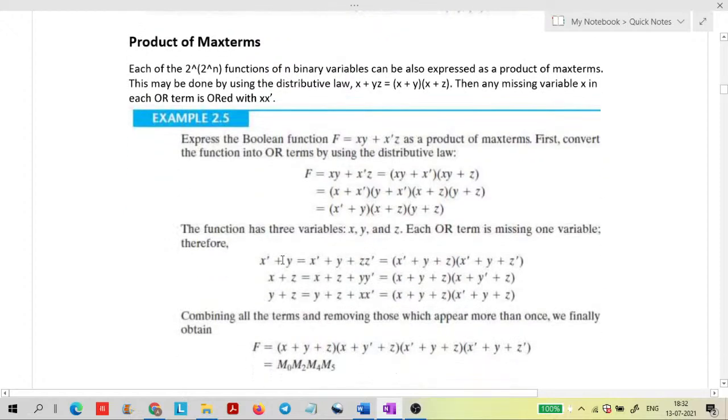Each of the 2 raised to n functions of n variables can also be expressed as a product of maxterms. So here, by using the distributive law, x plus yz is equal to x plus y into x plus z.